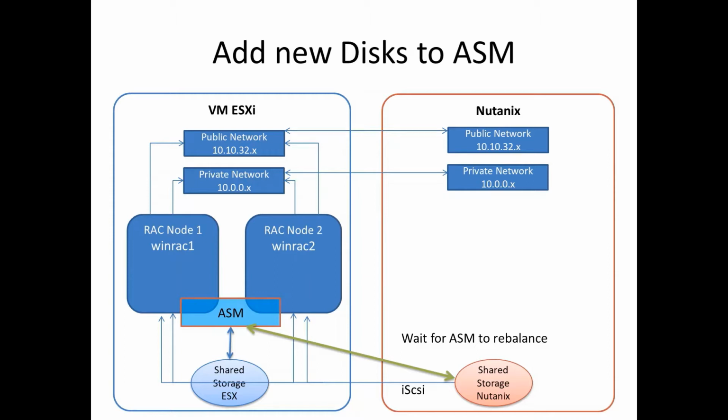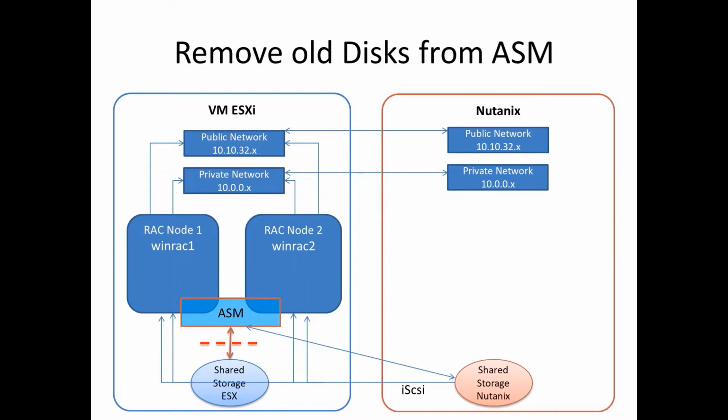Once you add it, you need to wait for ASM to rebalance the storage, and once it is rebalanced, you can remove the old disk from ASM. Removing the old disk means you have to use the ASM command, or you can use the GUI to evict these disks, and I will show the process as well.